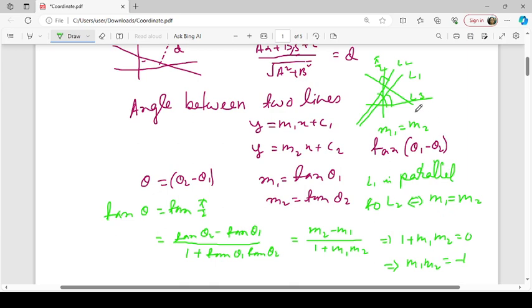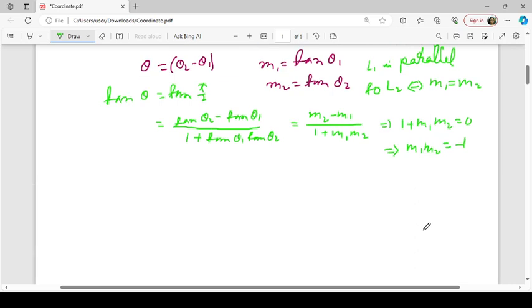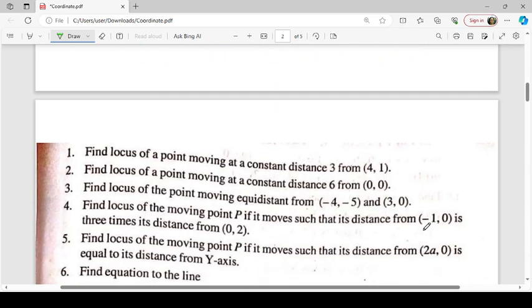So once we have the gradient of the line L1, we can find the gradient of L3 because of this relation. Once we know m1, we can find m2, the gradient of the line perpendicular to the given line. These are the things we need to know, and now we'll see the examples.